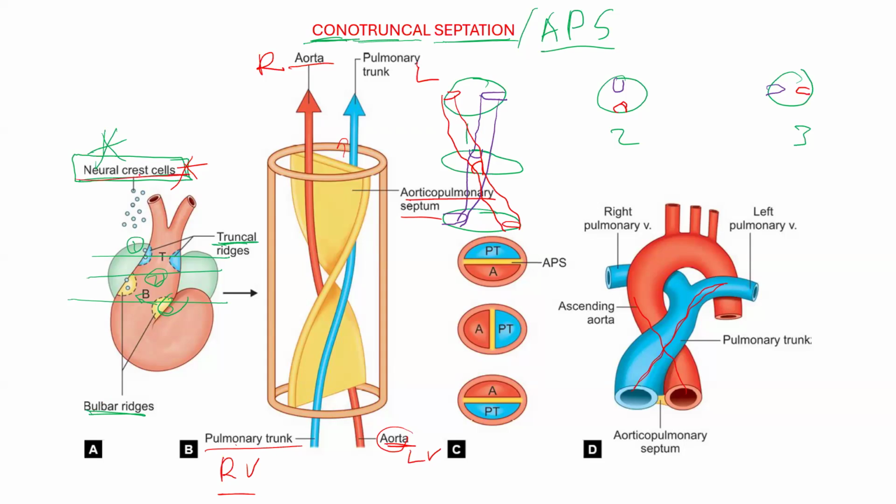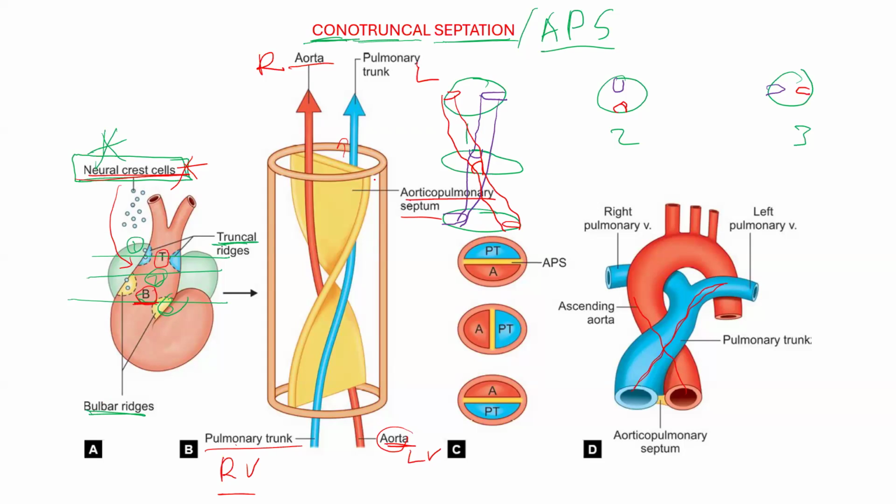The neurocrest cells usually invade the bulbous cordis. But which parts of the bulbous cordis? Remember, the bulbous cordis has three parts. They only invade the middle third and the distal third, what is known as the conus cordis, to form the bulbar ridges, and the truncus arteriosus to form the truncal ridges.